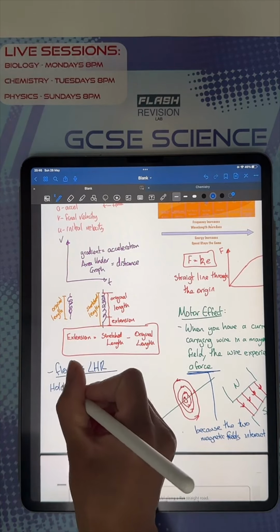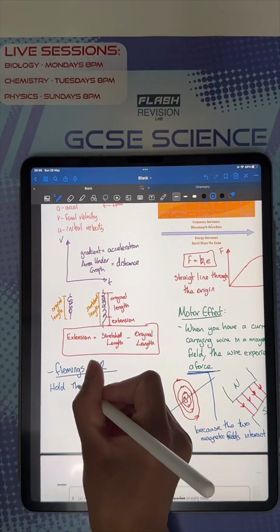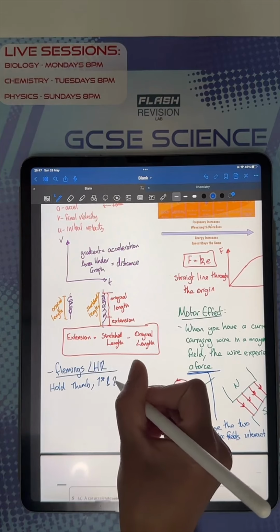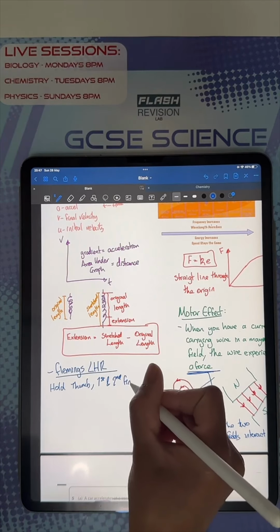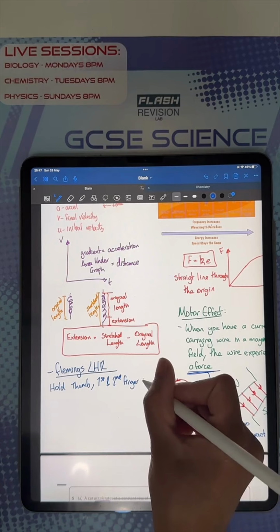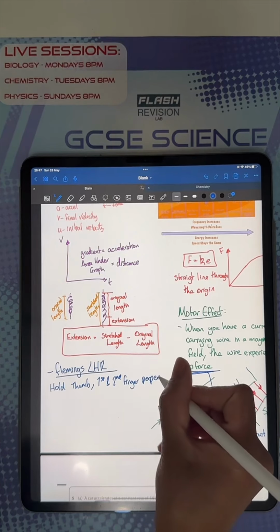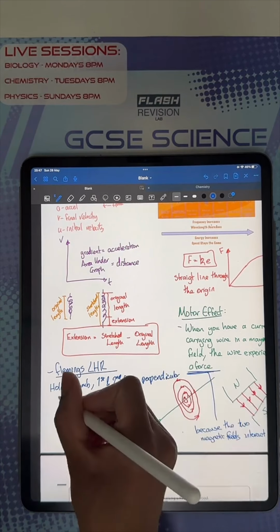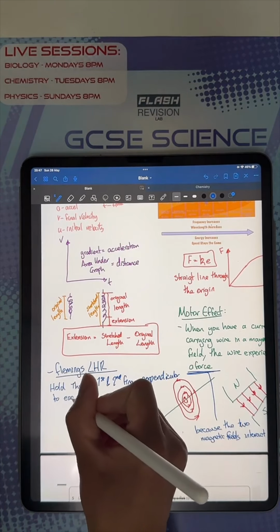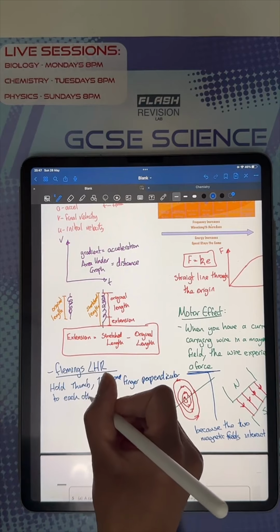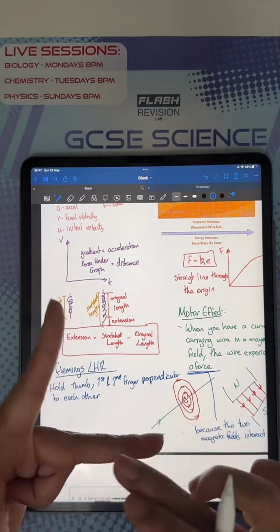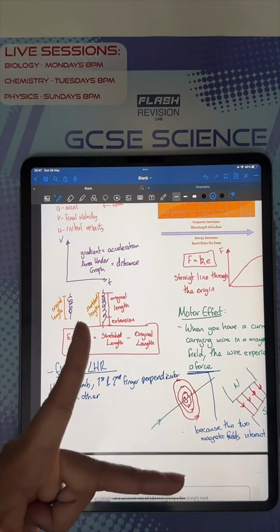So hold your thumb, first and second finger perpendicular to each other. Okay, so each one of these is going to represent something in that diagram.